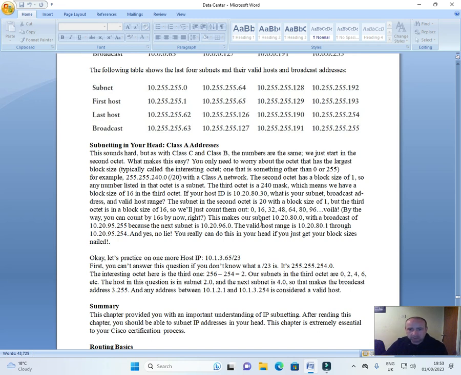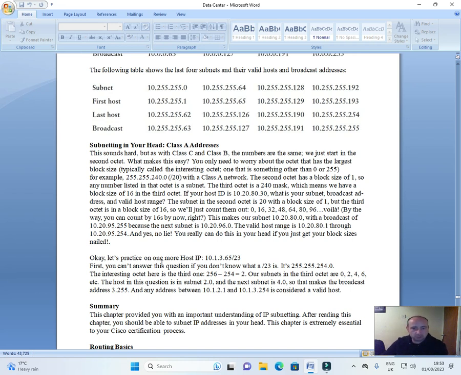This makes our subnet 10.20.80.0 with a broadcast of 10.20.95.255, because the next subnet is 10.20.96.0. The valid host range is 10.20.80.1 through 10.20.95.254. Yes, no lie, you really can do this in your head if you just get your block sizes nailed.